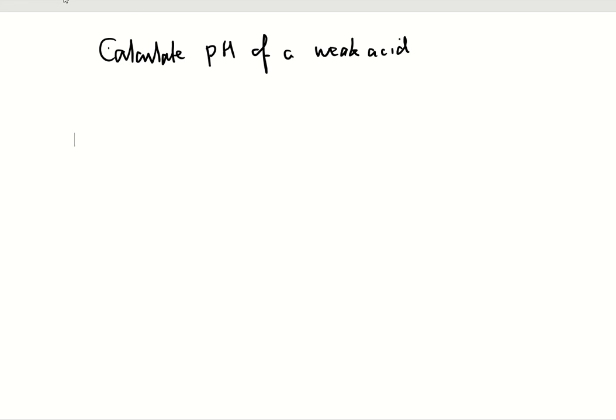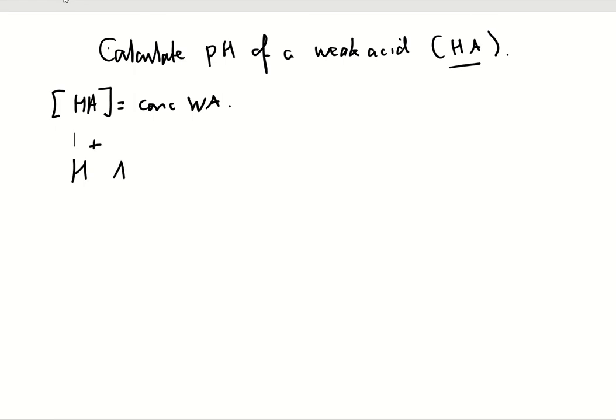Now, you'll often see a weak acid represented as HA. So when you see that term HA, that's what we're talking about. When you see square brackets HA, then we are talking about the concentration of that weak acid. The reason we use HA is because H stands for the hydrogen aspect of the weak acid, and the A stands for the anion part of the weak acid.